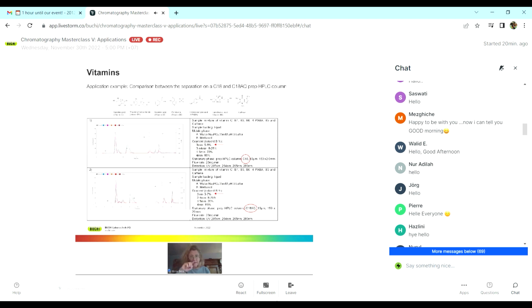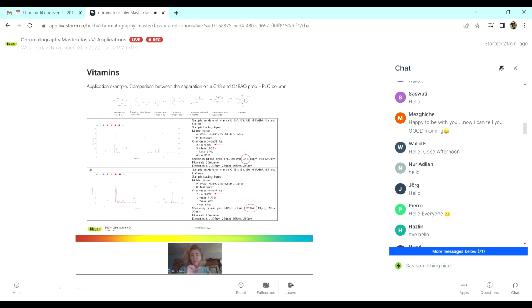What he did in the first run, he used a water concentration starting at 95%, because it was 5% of methanol. And for the C18AQ, it was possible for him to start with a higher water content. He started at 97% water, because you see here where the red arrow is, it's at 3 minutes.